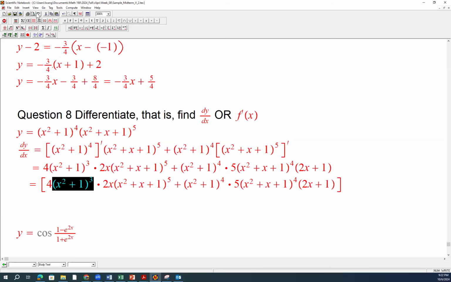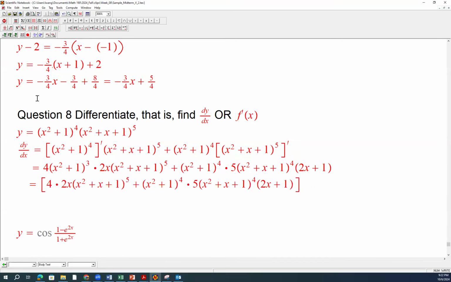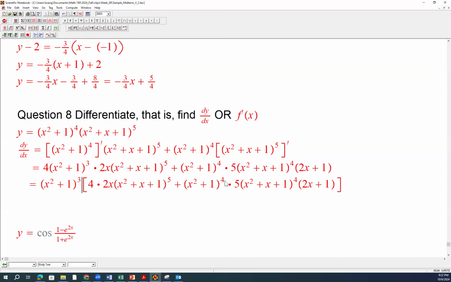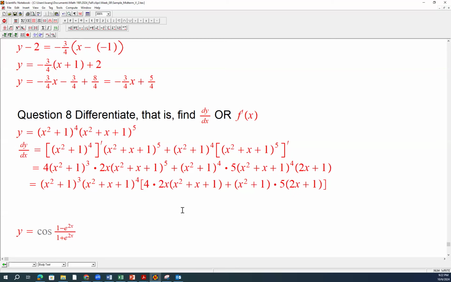If I take this one out, this one will have the power 3 taken out, so we only have 1 power. This piece has power 4, and this has power 5, so I'm going to take out power 4. Take power 4 out of this part, and from power 5, take 4 out, we get 1. This is 8x, and this is a 5. So I'm going to bring the 5 over here.